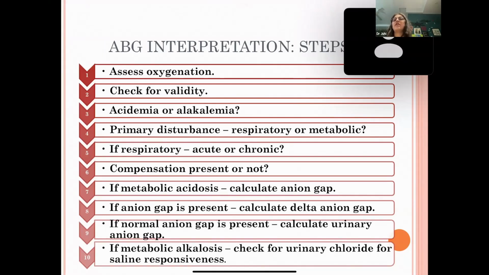But grossly, below 7.35 is acidemia, above 7.45 is alkalemia. Fourth step, you need to find the primary acid-base disturbance, whether it's respiratory or metabolic. Fifth, if it is respiratory, then we'll find whether it is an acute respiratory component or a chronic respiratory component. Understood till now?